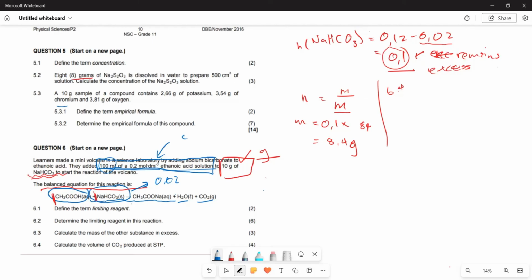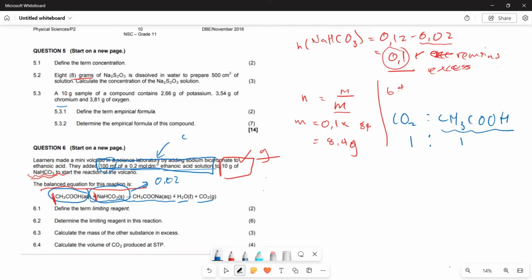Now we start with the ratio: for your CO2, and the mole of the one that was used first, which is your CH3COOH, since we are using this mole as our reference because it determines the maximum product of this reaction, what is the ratio here?